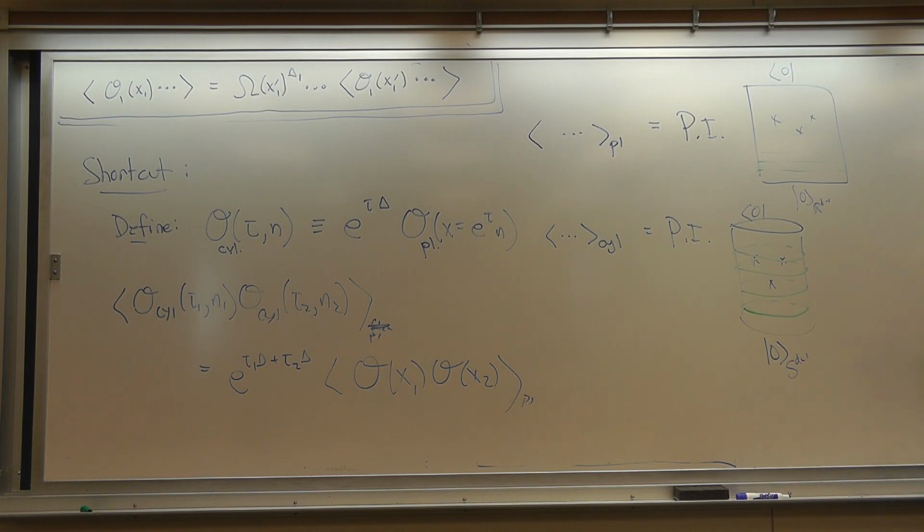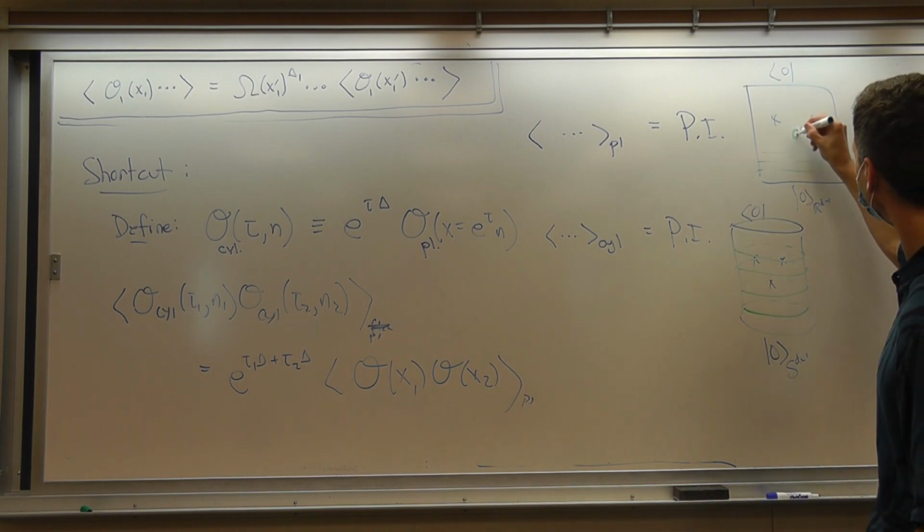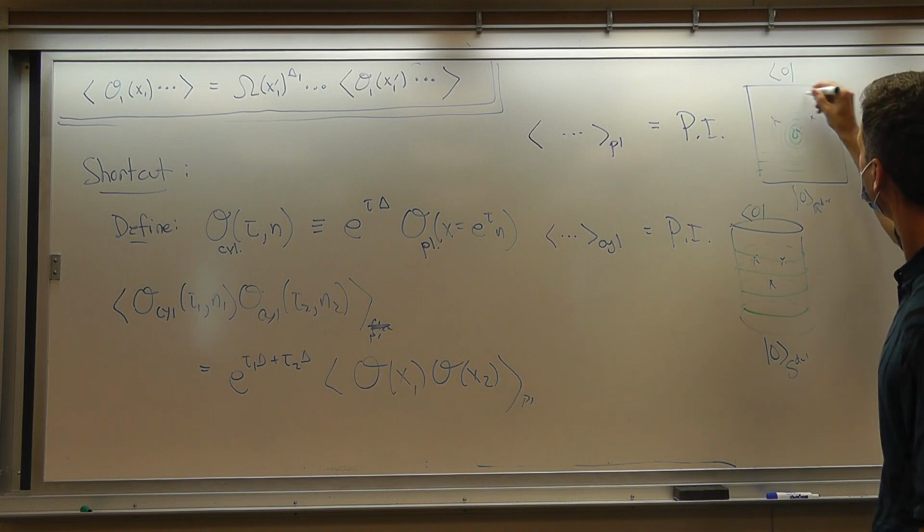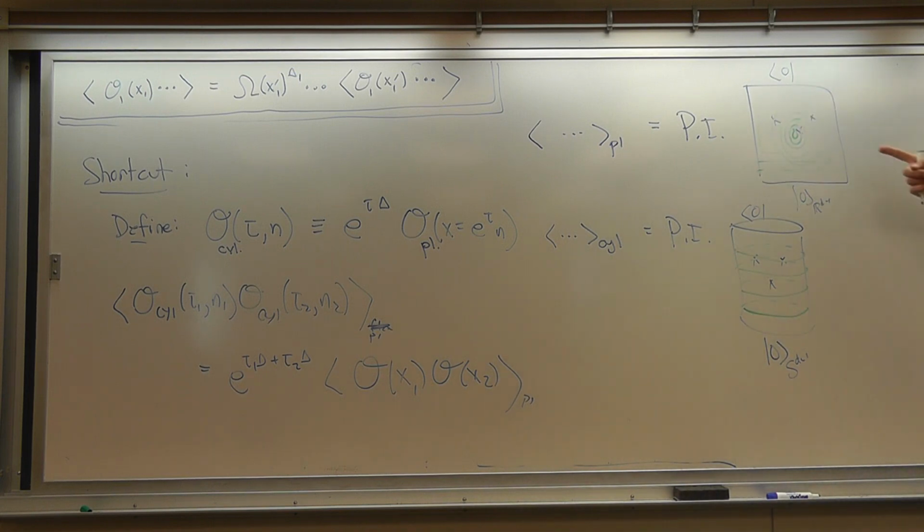But another thing we could do is use this set of states in this picture. We can think about space as the spheres, but we don't have to go to the cylinder to do that. We can just chop the path integral up this way, because these concentric spheres correspond to the fixed time slices on the cylinder.